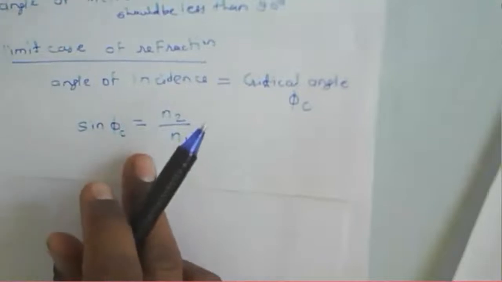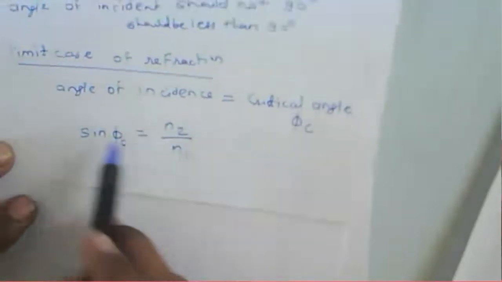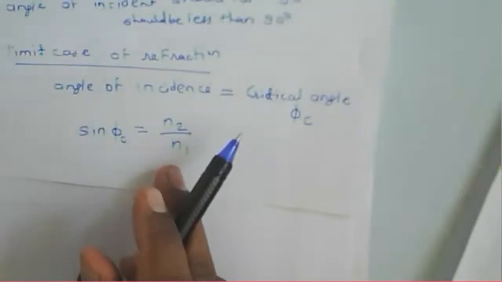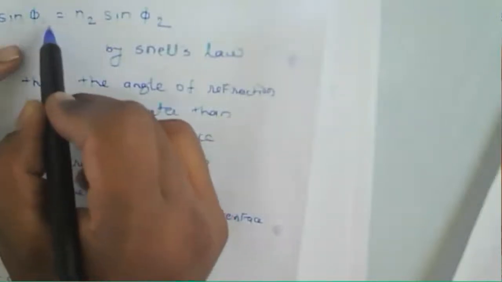In the critical condition, phi 2 becomes 90 degrees, so sine phi 2 is 1.